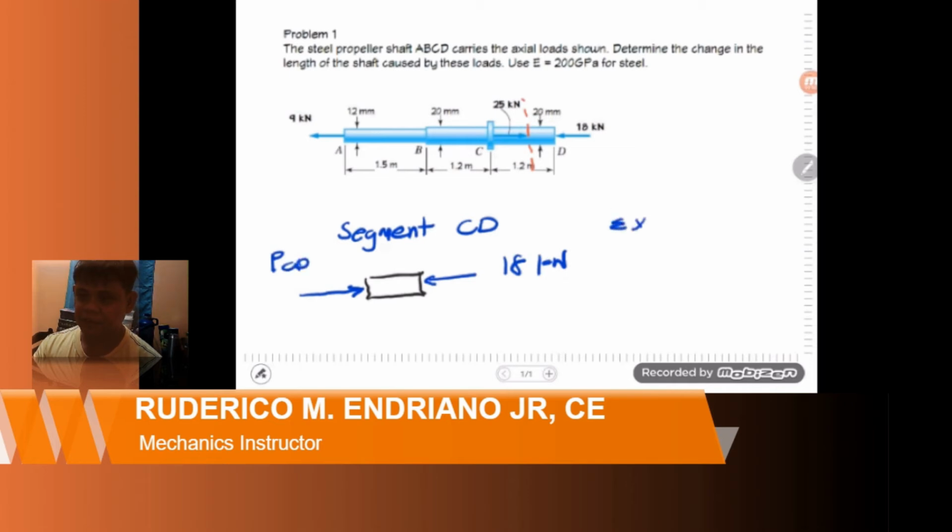Applying the equations of equilibrium will give us P_CD equal to 18 kilonewton. And since the arrow is directed toward the body, we have a compressive force on segment CD.